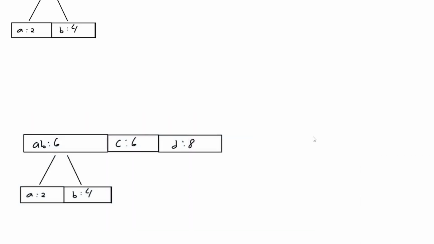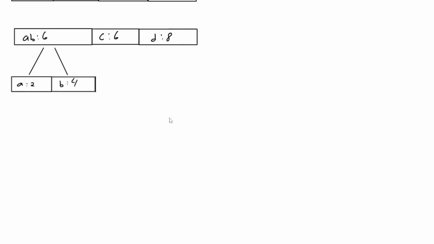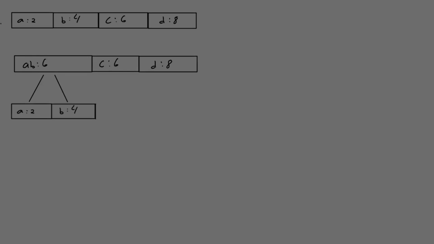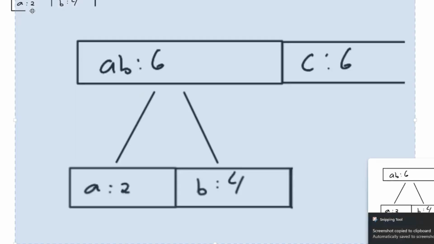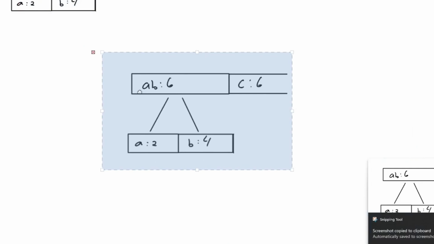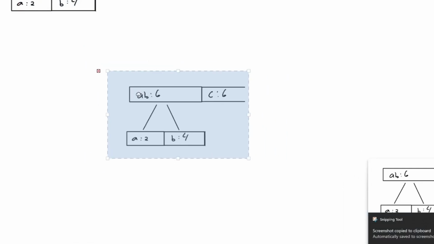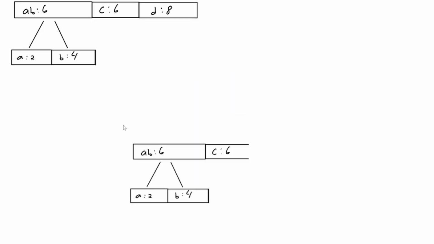But one thing to note is that I should get rid of this D8. I just want this part. Your D8 is actually going to be less than this, so I'm going to move it to the left. I'll show you what that means.